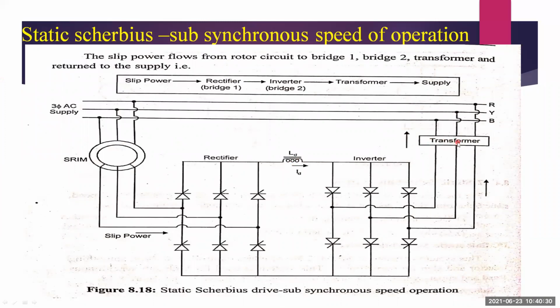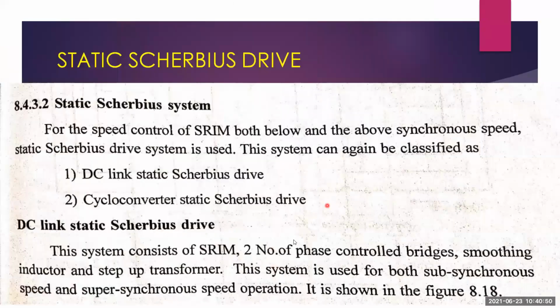In the static Scherbius drive, there is a slip ring induction motor, two phase controlled converters, that is the rectifier and the inverter, and one transformer.